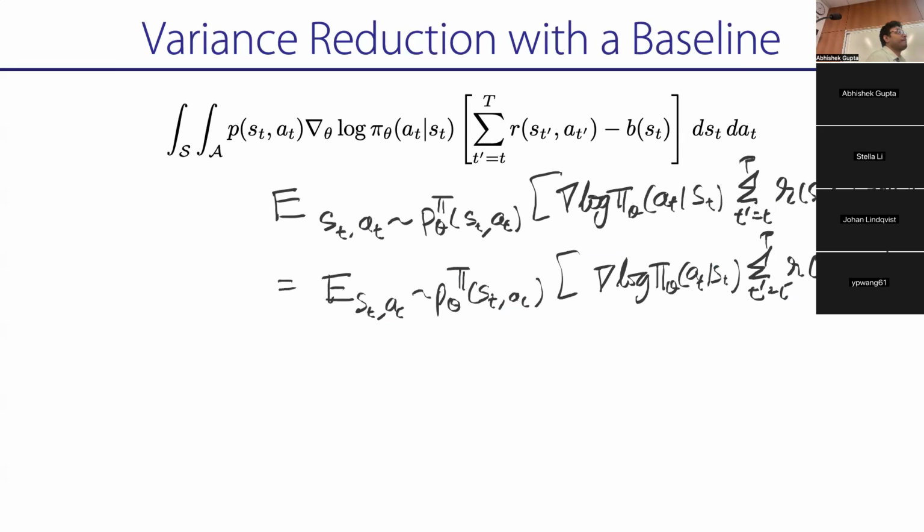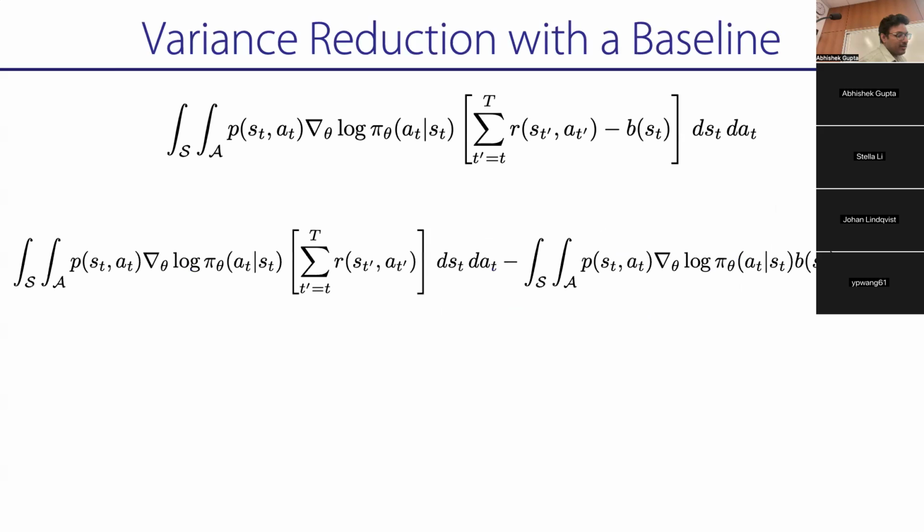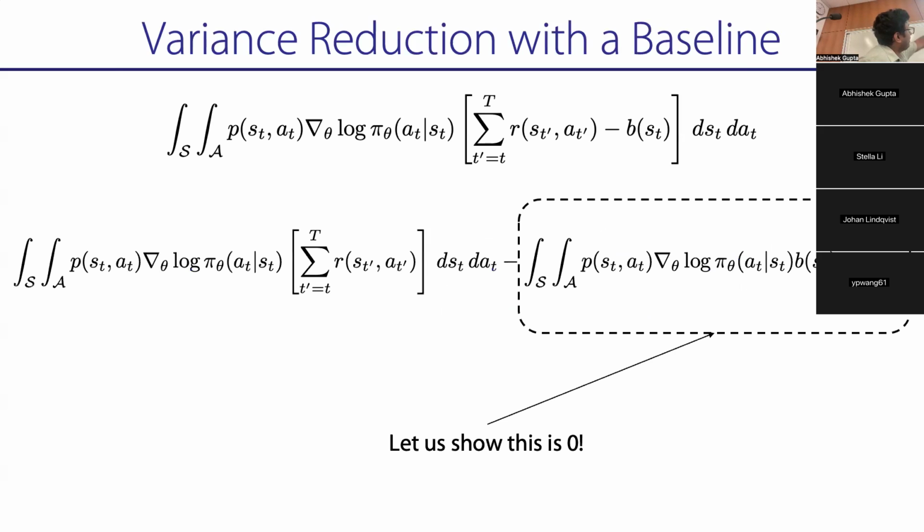I just want to show that in expectation, those things are the same. If I split those things into two terms, I just want to show that this term over here is 0. If that term in expectation is 0, that means this estimator is unbiased. It's the same as our original objective. So all we're going to try and do is prove that this thing on the right is 0.